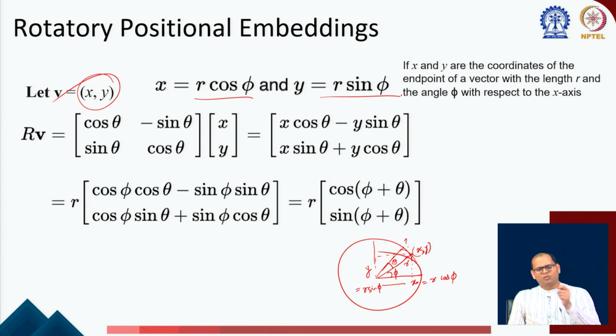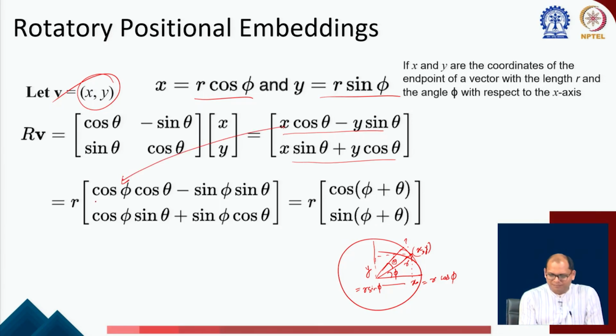Now, let me apply this rotation matrix to this: cos theta, minus sin theta, sin theta, cos theta, applied to x, y. What will I get? x cos theta minus y sin theta, and x sin theta plus y cos theta. That is what we got. Now, let us put x as r cos phi and y as r sin phi. We can take r common because it is common across all. So, r and then this formulation.